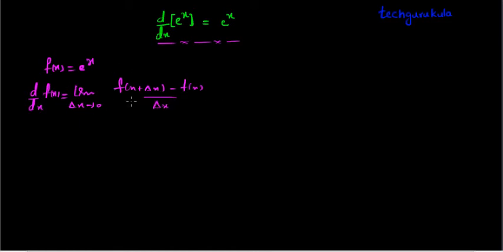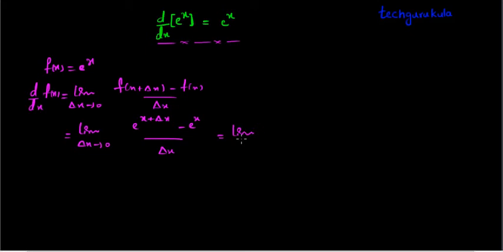So in this particular case, where f of x is equal to e power x, we can write e power x plus del x, in place of x you're placing x plus del x, minus e power x, divided by del x.